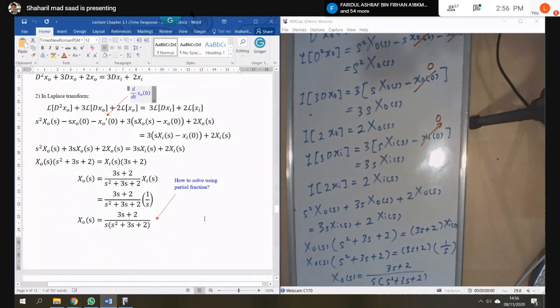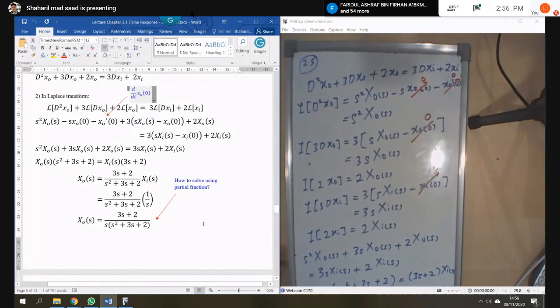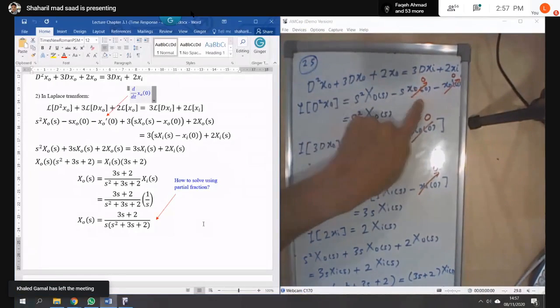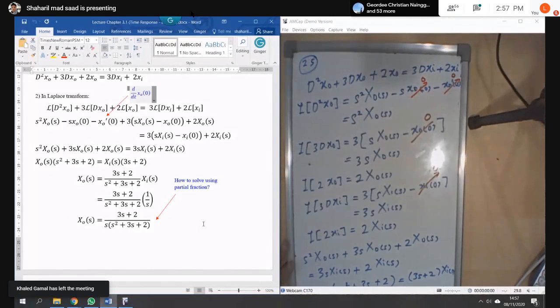Okay, so first you try to Laplace one by one, this one, this one, this one. You Laplace it, and then you apply the parameters given from the equation. Then after you got all of them, you combine back to the equation.